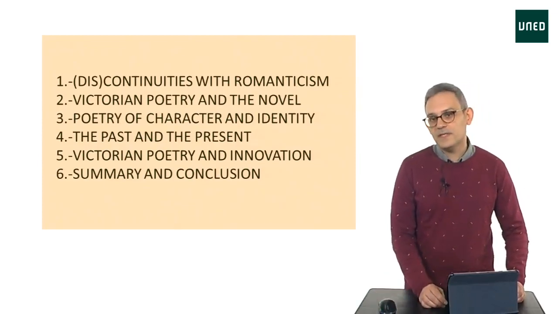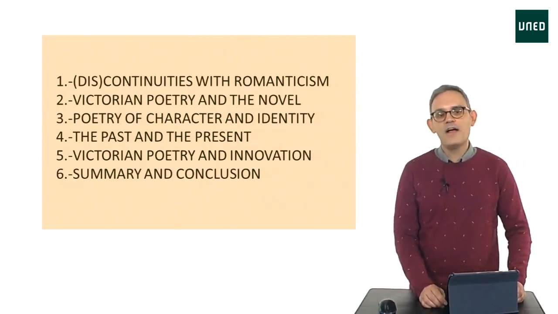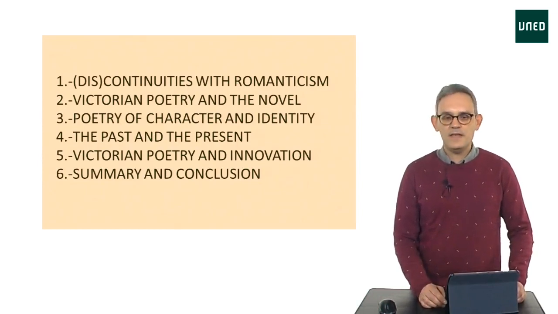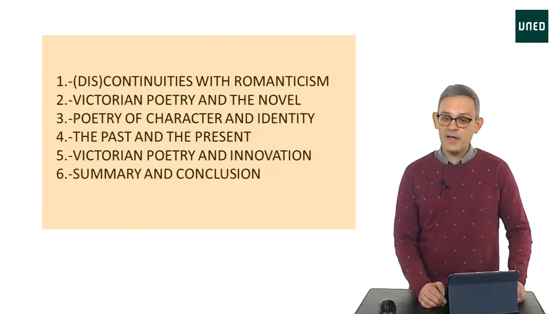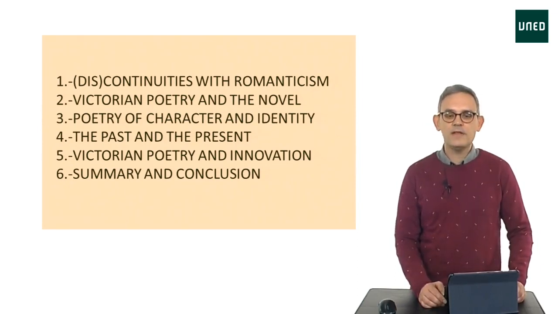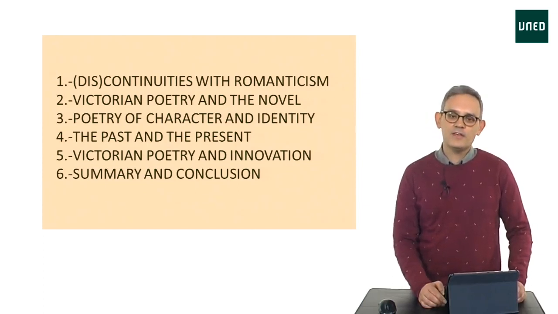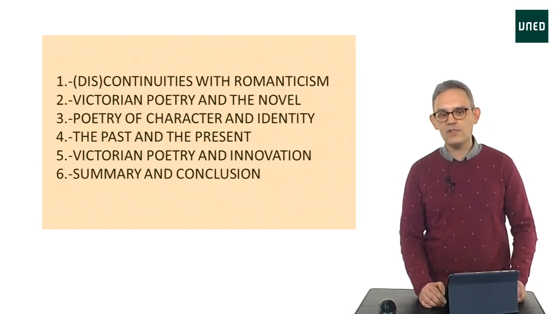These are the aspects that I will be covering. Six sections, relatively short sections. First, we'll be looking at continuities and discontinuities with Romantic poetry. Then, number 2, we'll be looking at connections between Victorian poetry and the Victorian novel.